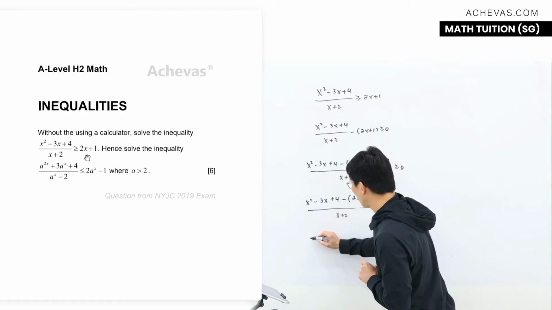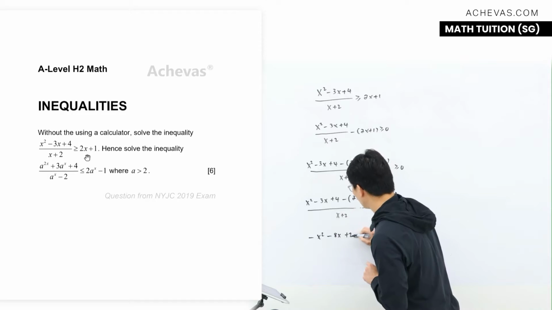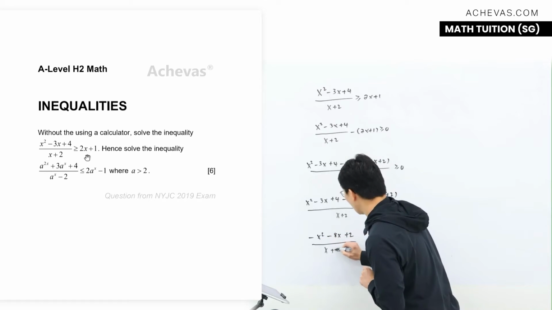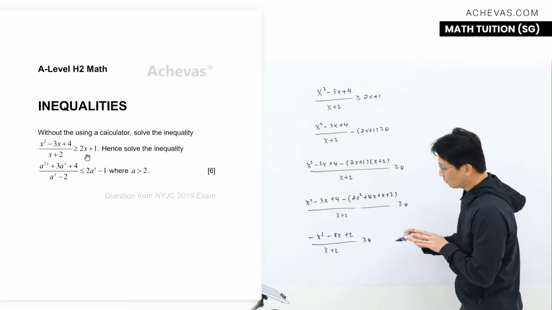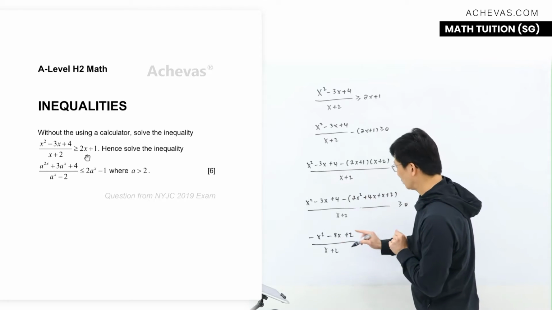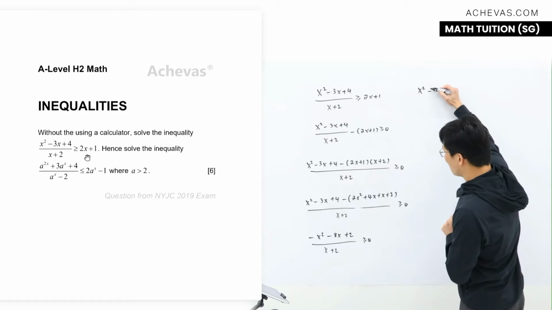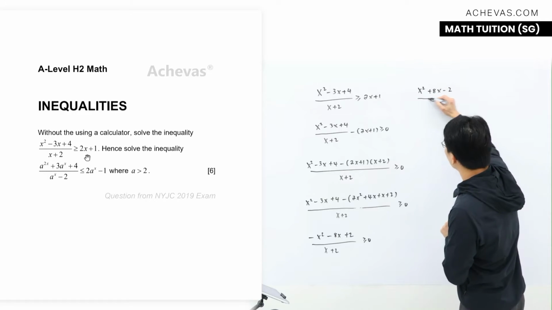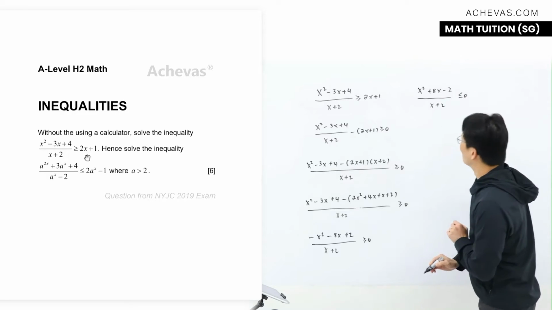Simplifying, we will have minus x squared minus 8x plus 2 over x plus 2 greater or equal to 0. Maybe we can multiply throughout by minus 1 to make this expression slightly nicer. We will have x squared plus 8x minus 2 over x plus 2 lesser or equal to 0.